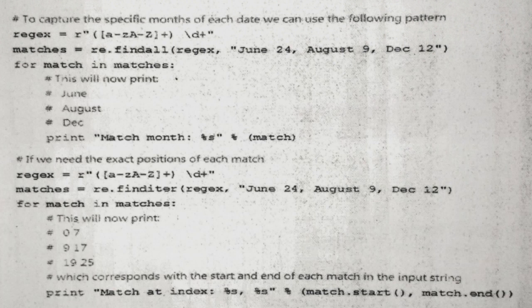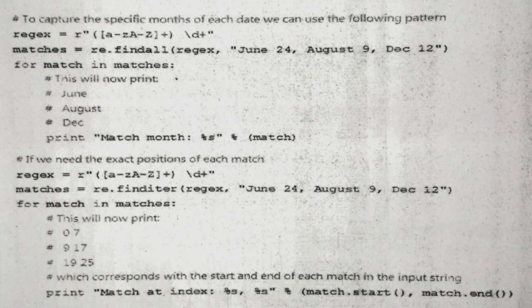In June 24, J has index 0, U has 1, N has 2, E has 3, space has 4, then 2 has 5, and 4 has 6. Whenever that comma occurs, that is when our result ends. So that comma is at position 7. This is the reason why it displays 0, 7, that is the starting index and the ending index.